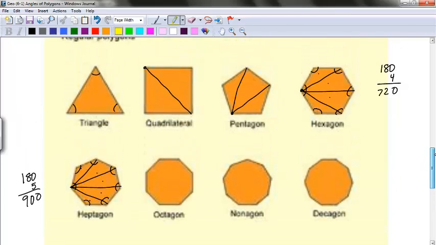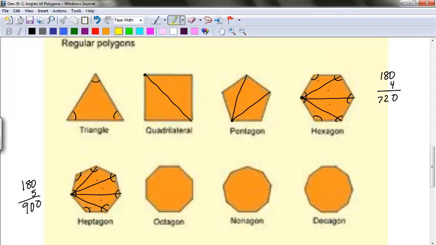So if you take any one of these polygons and look at the exterior angle, extend this side, look at this angle, extend this side, look at this angle, add those together, you're going to end up with 360. No matter which polygon you use.